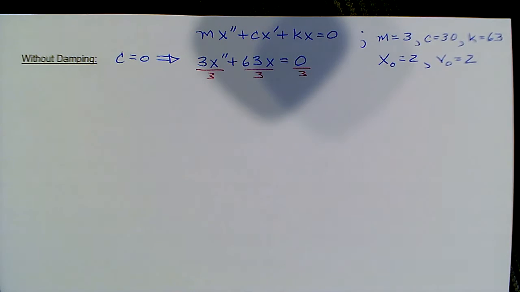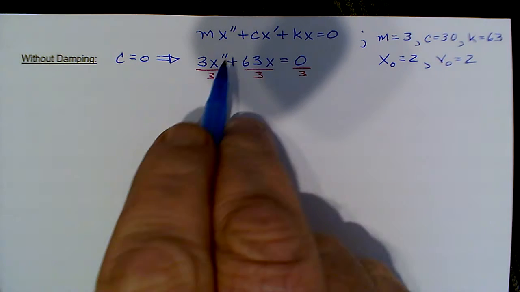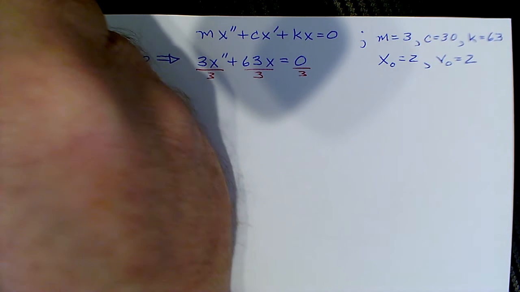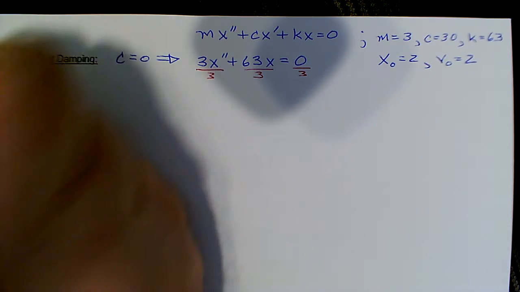Actually, what we should formally do here, instead of calling it x double prime, this equation, at the end I'm going to leave it as x double prime, but let me just note this.